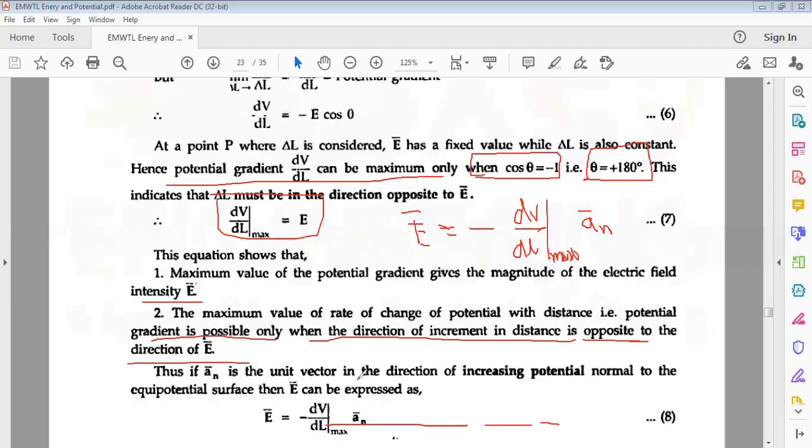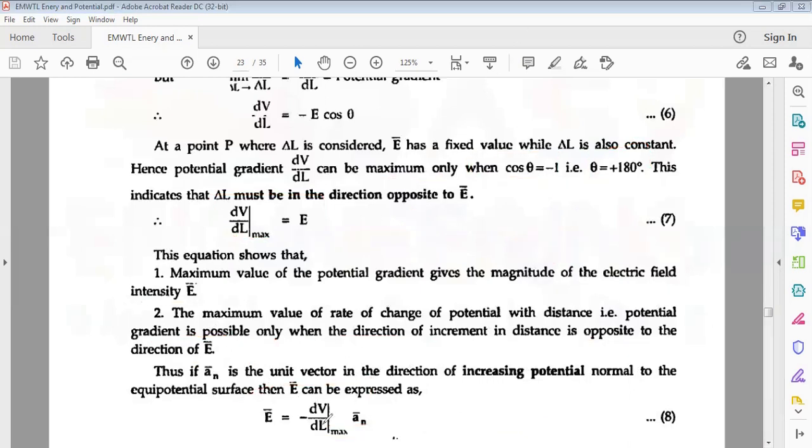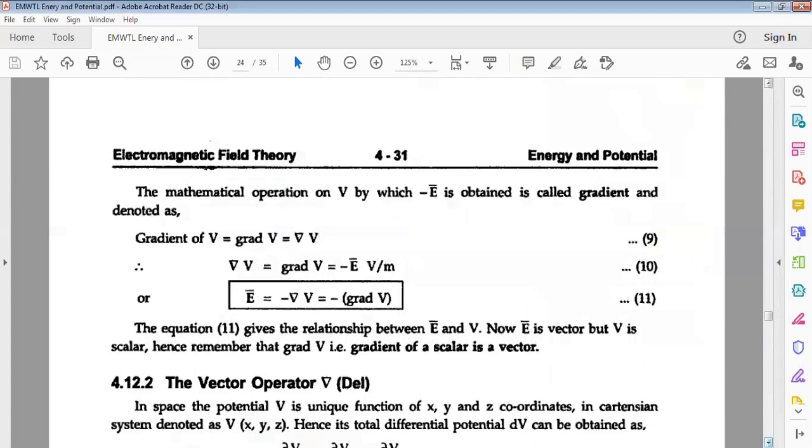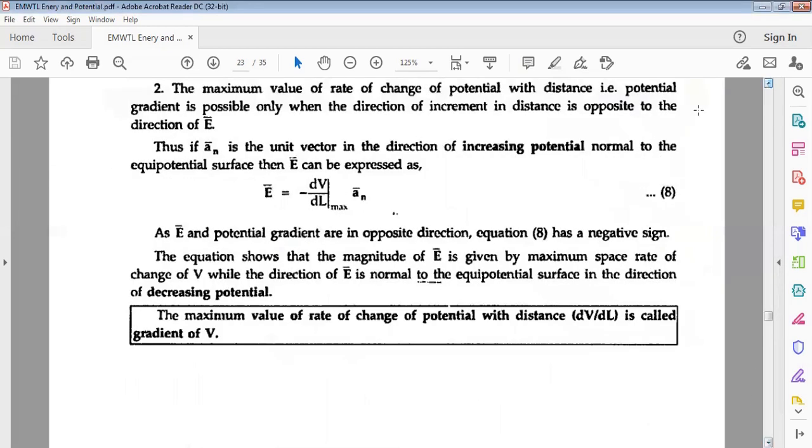Thus, if a_n bar is a unit vector in the direction of increasing potential normal to the equipotential surface, E bar can be expressed as minus dV by dL times a_n bar.